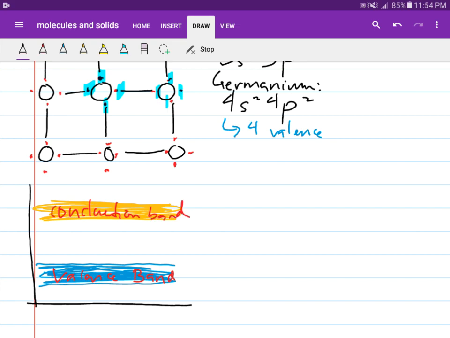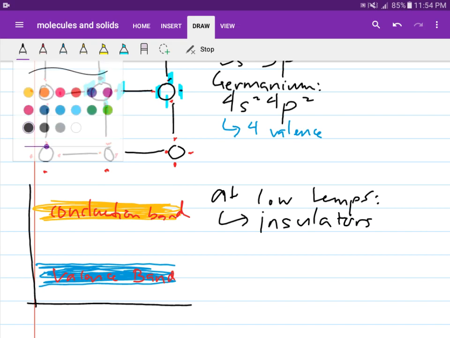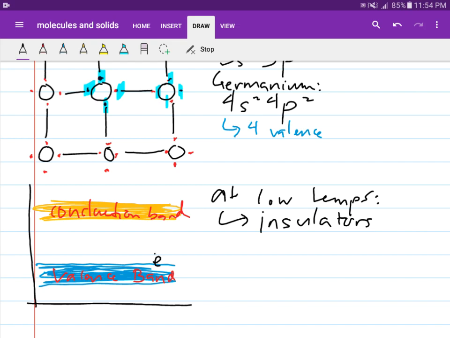At low temperatures, the valence electrons don't move that much. So at low temperatures, they act as if they are insulators. Their electrons don't go up into the conduction band. They don't participate in conducting.